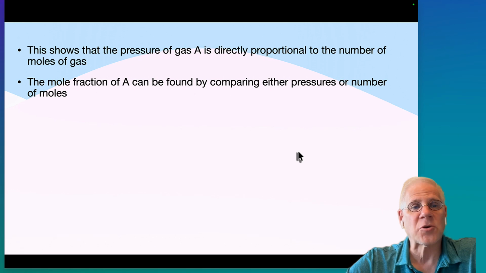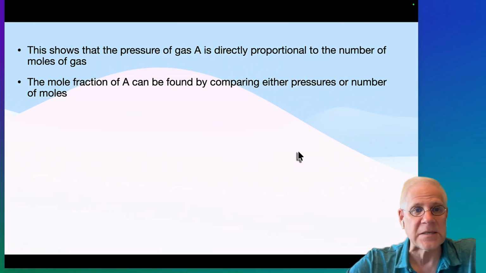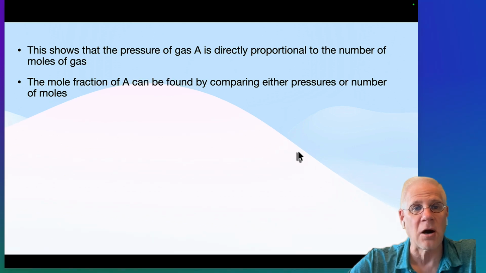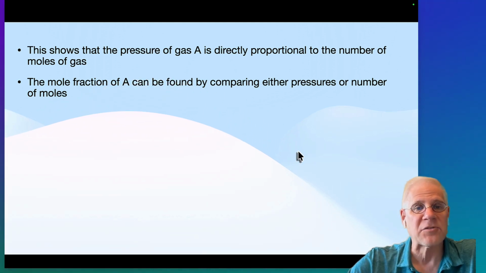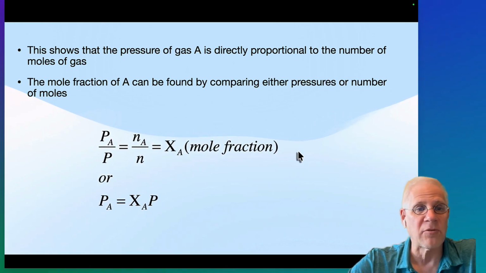But we can express that in terms of something called mole fraction. Mole fraction is basically what fraction of the total moles is the component that you're looking at. So we can look at mole fractions of the different components, either by looking at the pressures or by looking at the number of moles.